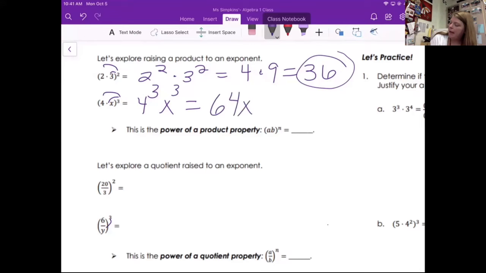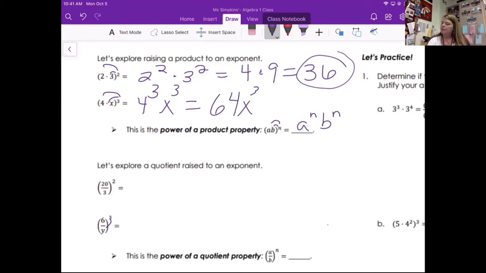Good. And then x to the third, we can't do anything with, so we'll just leave it as x to the third unless I told you for some reason whatever x equals. So if we have an exponent outside those parentheses, we can apply it to everything that's inside the parentheses. So that would be a to the n, whatever n would equal, and b to the n.